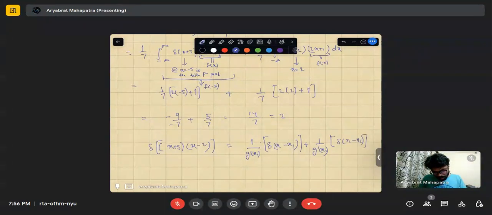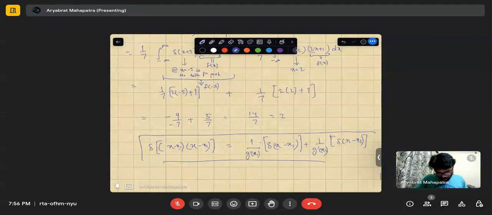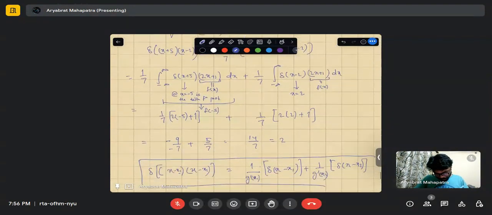So I say this is my x1 and x2. So this is the property which I have used in this part.